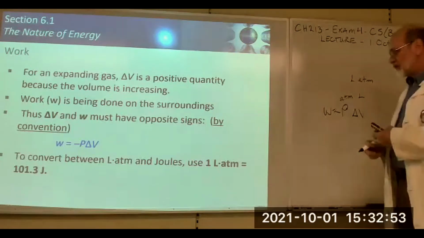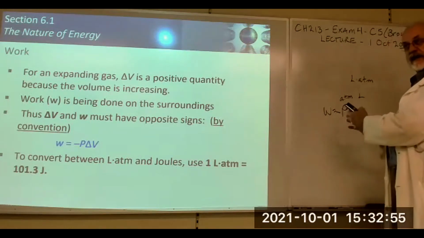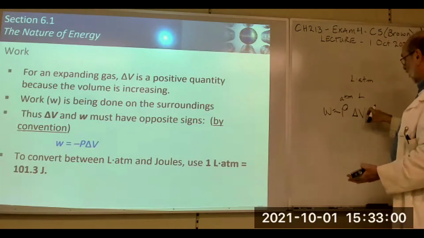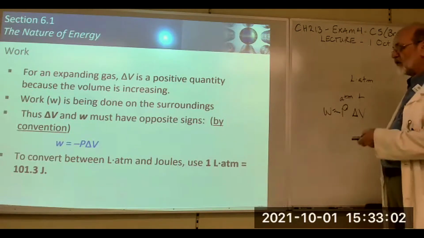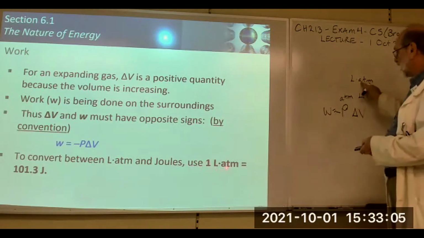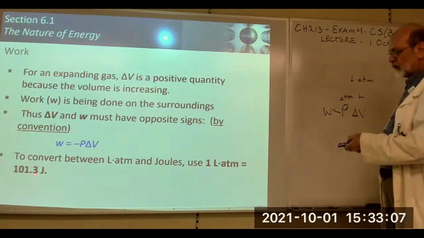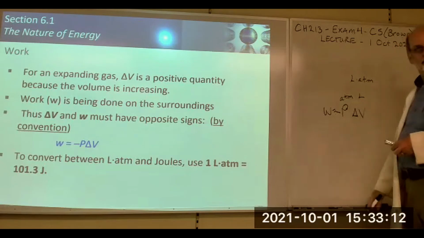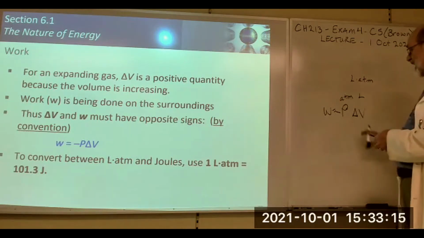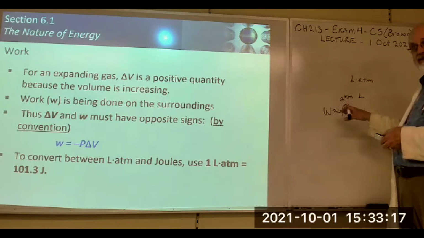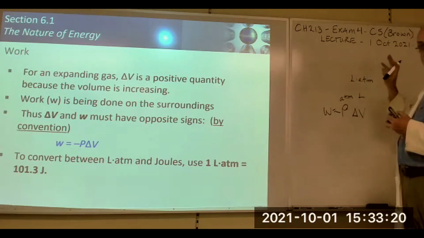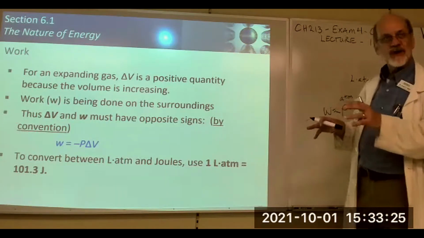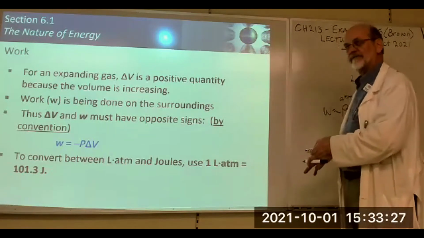If we want to use this in a larger calculation, we've got to convert that to joules, so we need an equivalence. And here it is: 1 liter atmosphere equals 101.3 joules. So if you have a gas that's doing work, or work's being done on a gas, you do this conversion before you can use it relative to any other heat transfer or energy measurement.